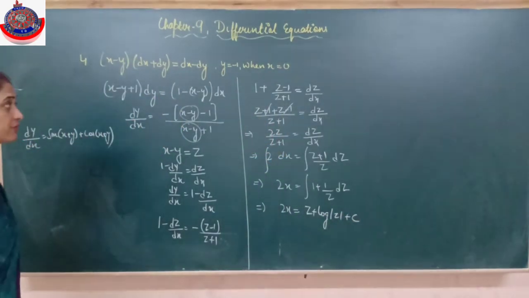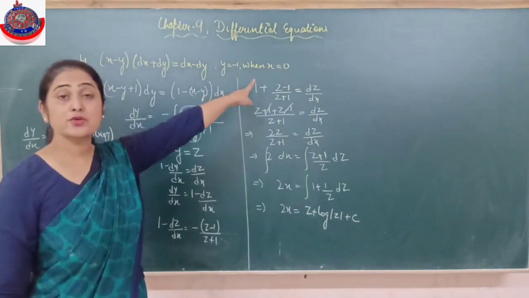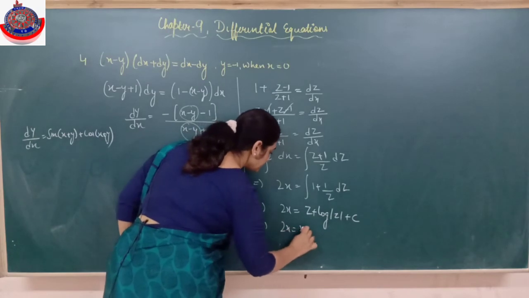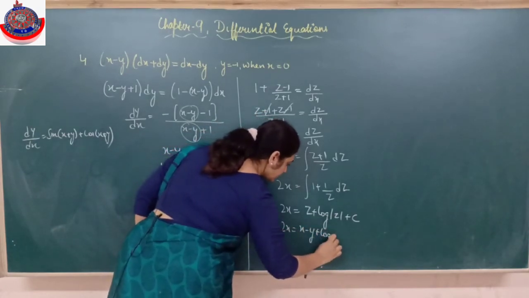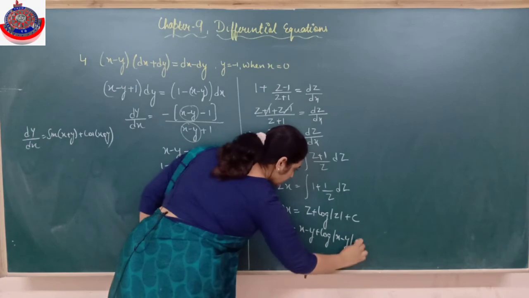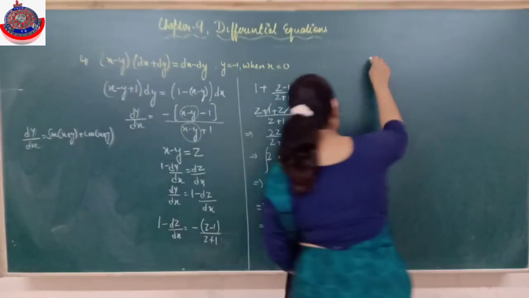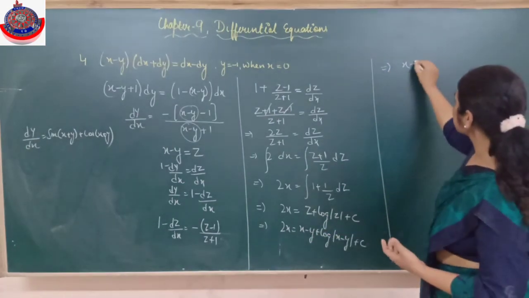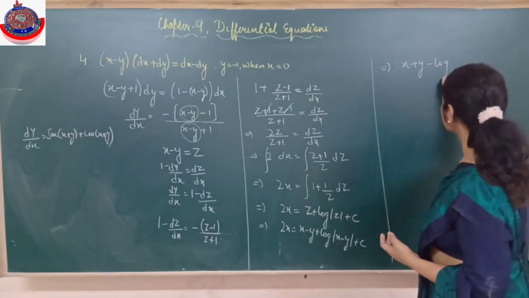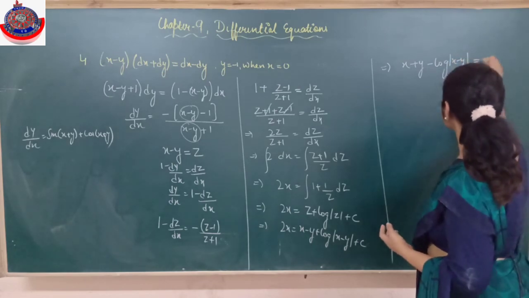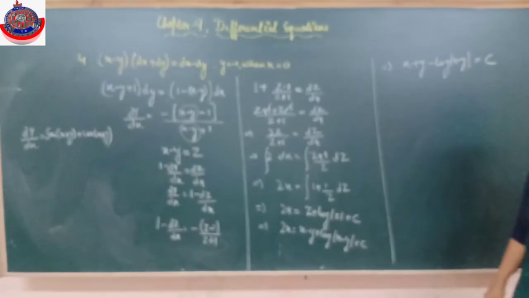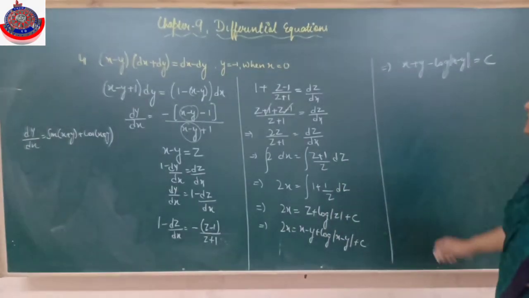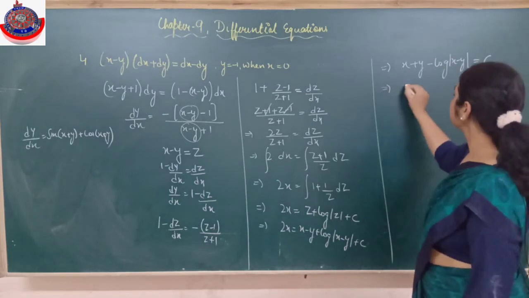Put back the value of the variable first of all, because we have to find a particular solution where I need to put the values of x and y. So this is written as x minus y. I am taking that side. Clear? Now they are asking me to find the particular solution. Y is minus 1 and x is 0. Put the value.